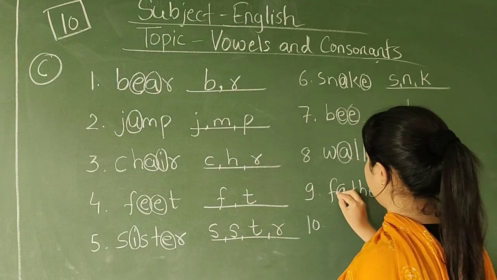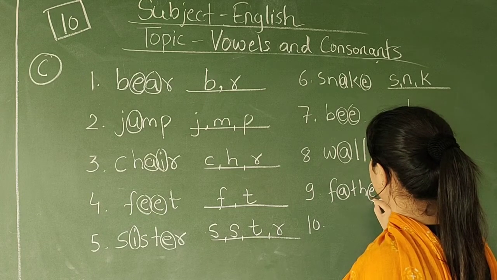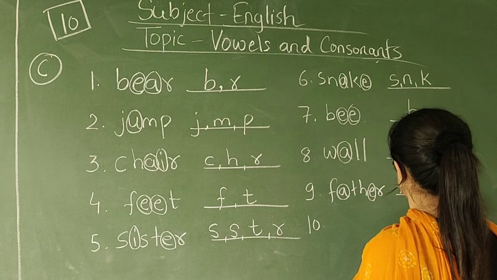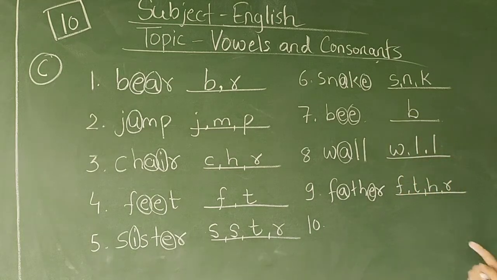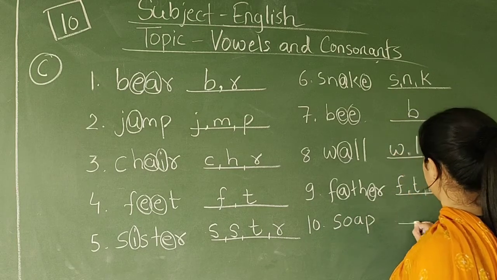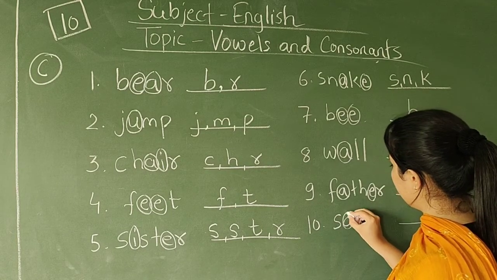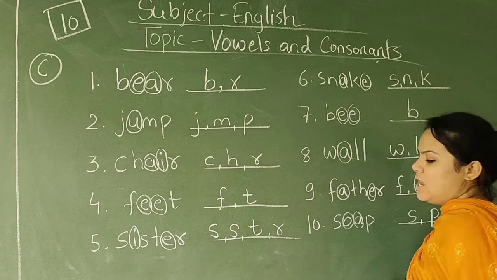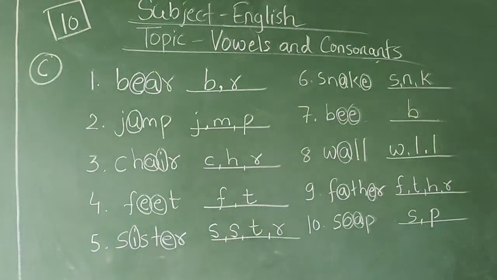After F, the A is a vowel, and after H, the E is a vowel. So here we have consonants F-T-H-R, 4 letters. Next one, S-O-A-P, soap. Here O and A are vowels, and S and P are consonant letters.